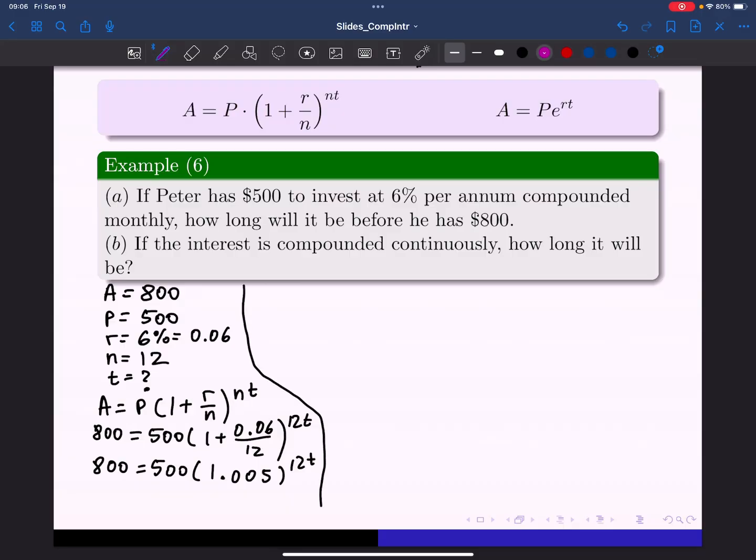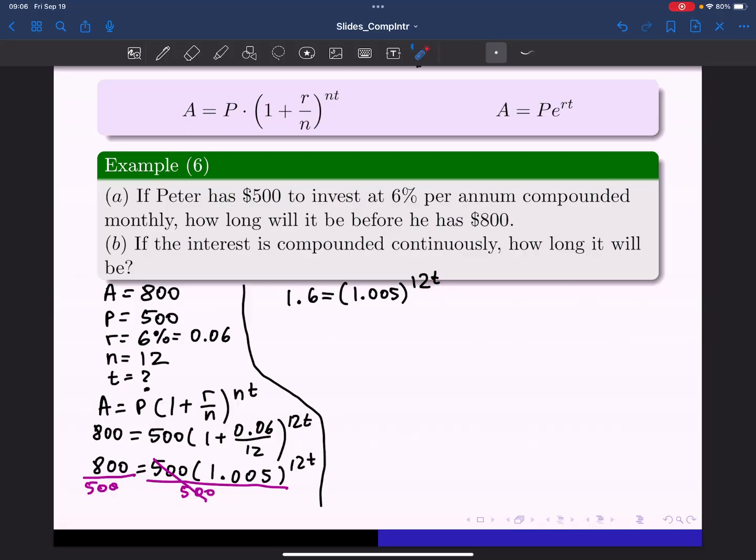Now to solve for t, first we would divide by 500, divide by 500. 800 divided by 500 is 1.6, is equal to 1.005 to the power 12t. If my t is in the exponent, to bring t down, we need to use logs of both sides.